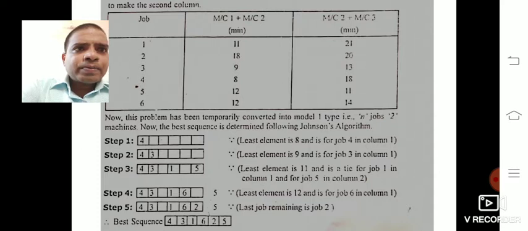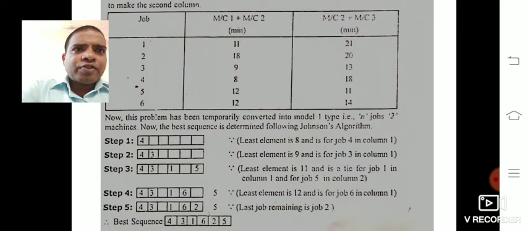That 11 is for job 1, so the least element is 11, and here also you can select any one, either job 1 or job 5. Suppose you take job 5, then you can place it at the extreme right side, as late as possible.